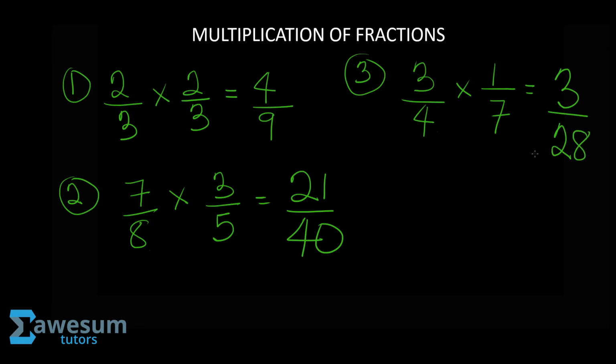So my final answer is 3 over 28. If you take note of this fraction, it cannot be simplified further because nothing can go evenly in 3 and 28.